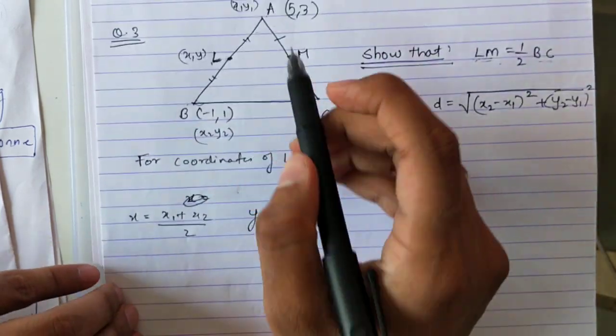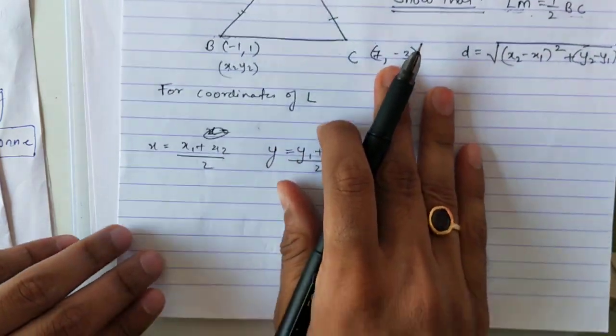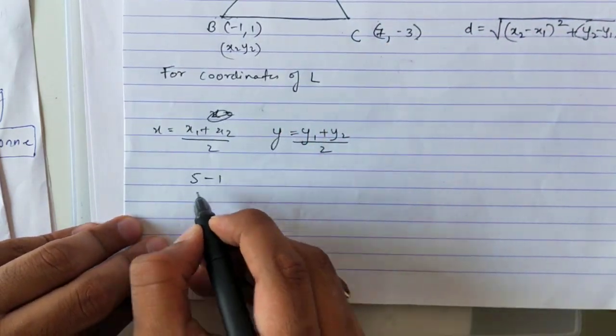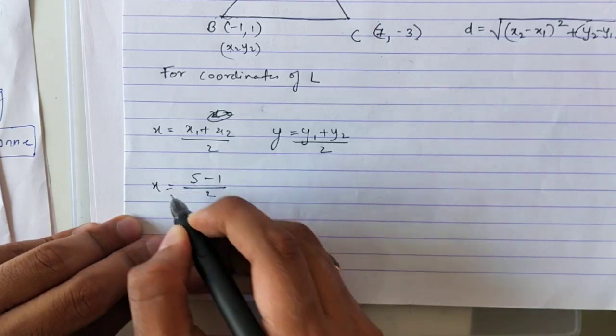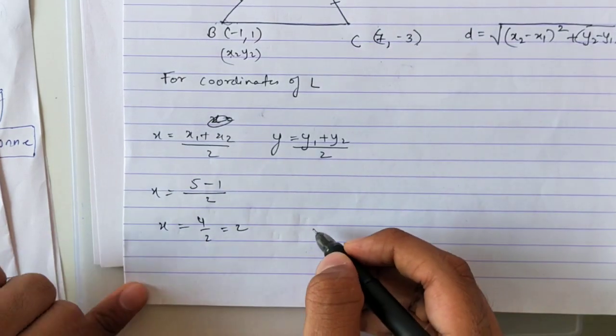Let's see, what is x1 here? x1 is 5, x2 is -1. So 5 minus 1 upon 2. So x is 4 upon 2, that is 2.